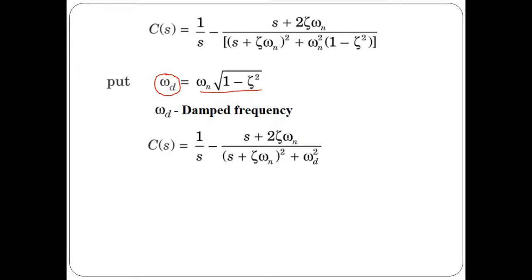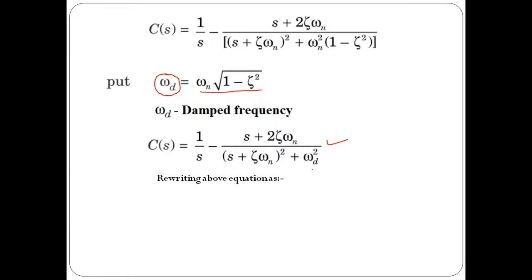If you put that, you will get another modified version of equation number 2, which is C of s equals 1 by s minus (s plus twice zeta omega n) whole divided by (s plus zeta omega n) square plus omega d whole square.